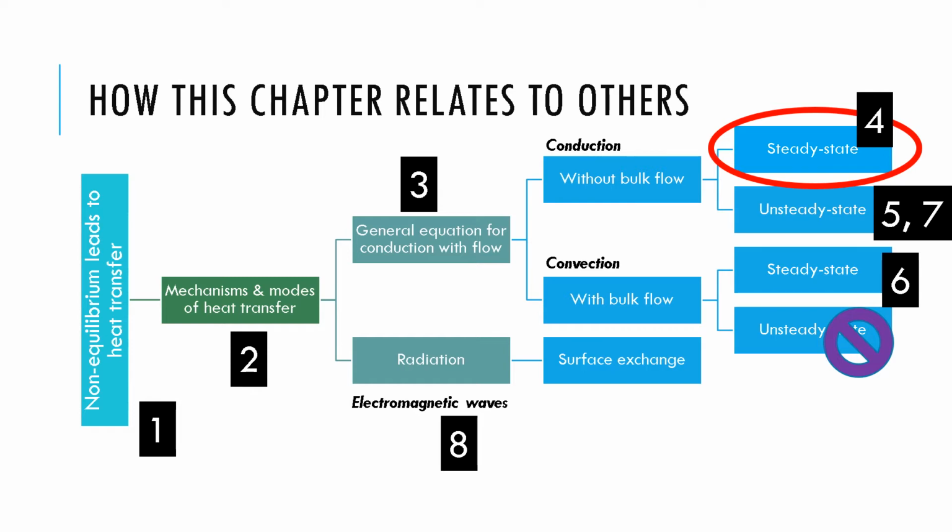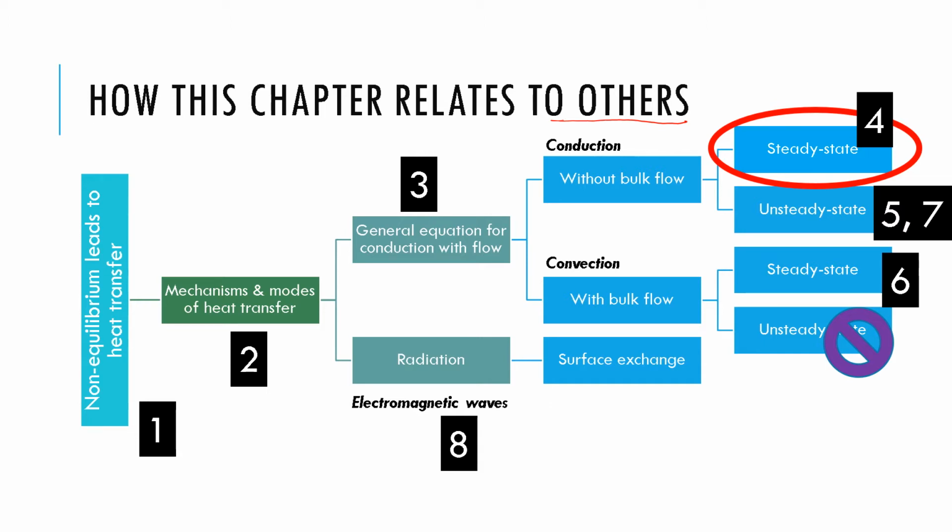How does this chapter relate to other chapters? So which other chapters are we talking about? I'm talking about a textbook that I have written called Heat and Mass Transfer: A Biological Context. But these chapters are also similar in most other textbooks.